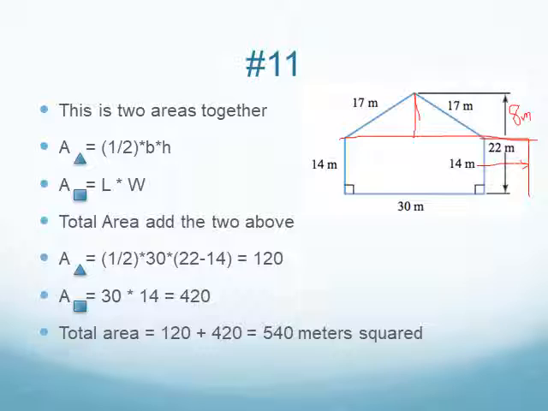When I did it in my calculator, I got 120. And then for the area of the rectangle, it's simply 30 times 14, length times width. That gave me 420. So the total area of this whole figure would be adding the triangle top plus the rectangle bottom. 120 plus 420 is 540.